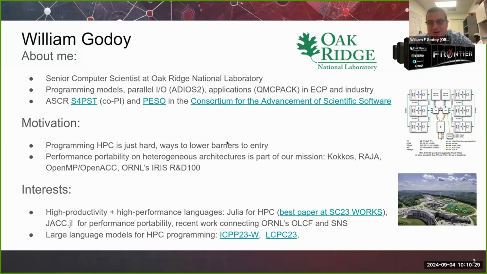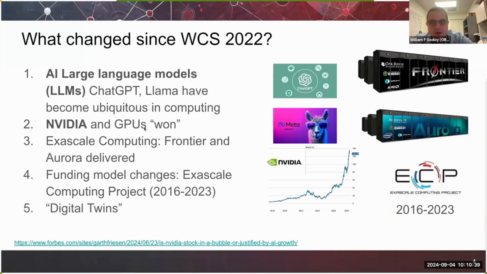The last week we tried to put something together that will call your attention. So, next. From our discussions, what has changed since 2 years ago feels like an eternity. The elephant in the room is large language models. That's what we all talk about since ChatGPT came out. And then you have other foundation models like Llama, and it has become ubiquitous not only in computing, but in our daily tech news updates.